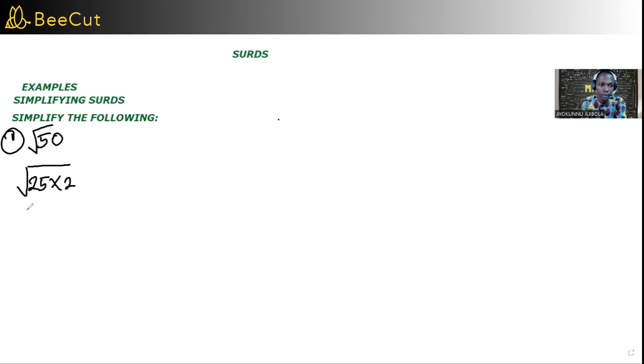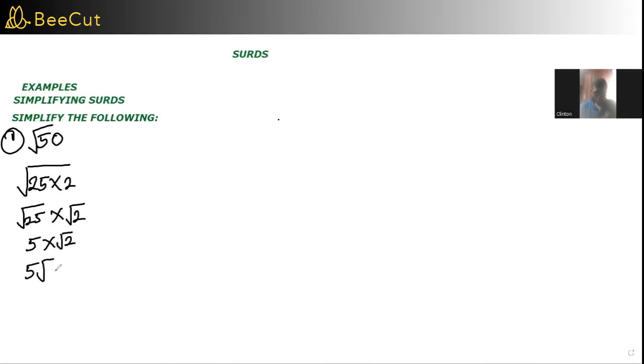So you can simplify by splitting it into root 25 times root 2. Then the square root of 25 is 5, times root 2. This time around you treat root 2 like a letter, like x. So if root 2 is x, 5 times x is 5x. So the final answer here is 5 root 2. Is that clear? Yes, sir.